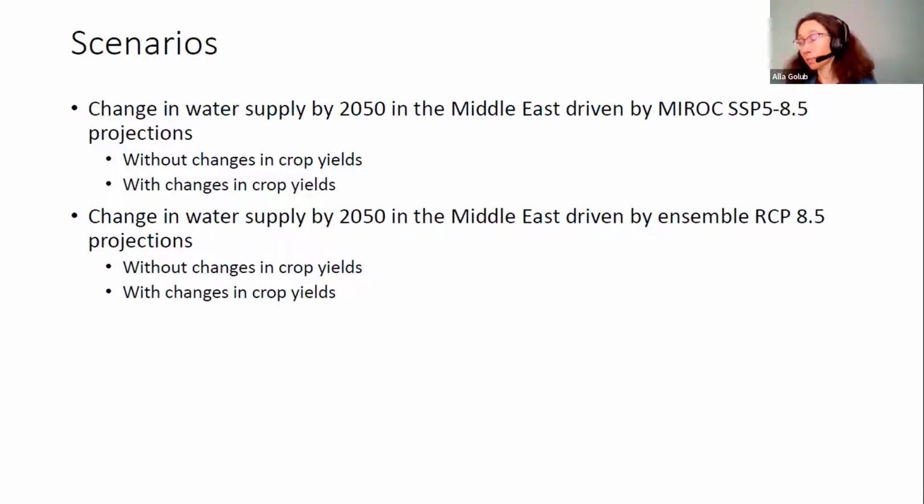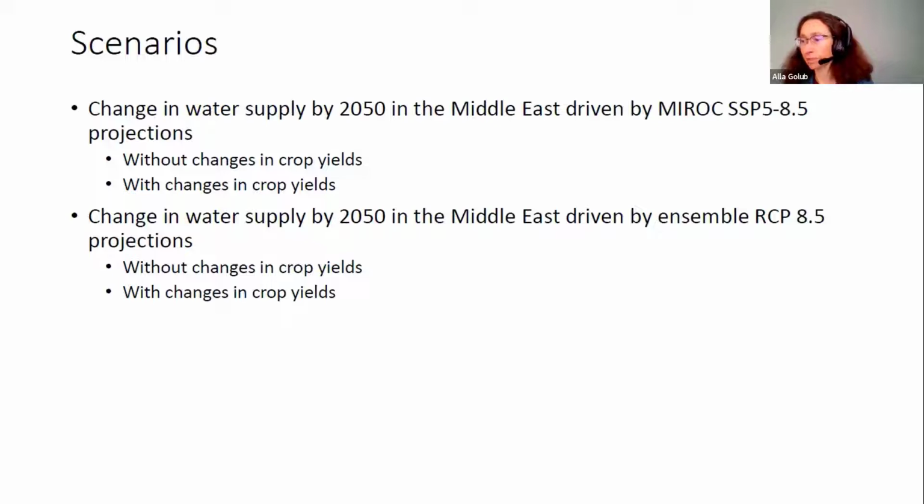This, however, should not be the case, as rain-fed crops will get less rain in the future, according to the climate projections. Another effect of warmer climate on both irrigated and rain-fed crops is changes in crop yields.